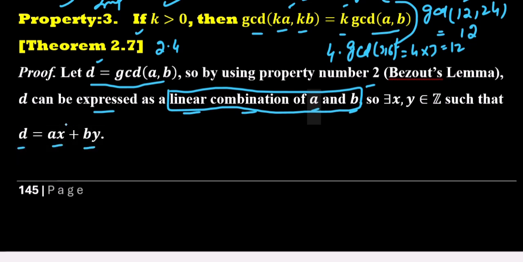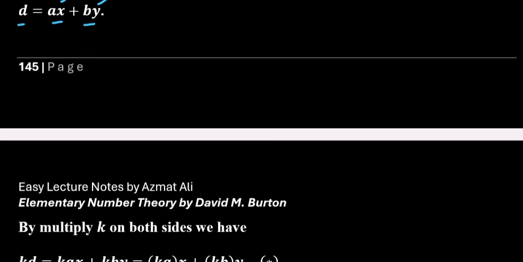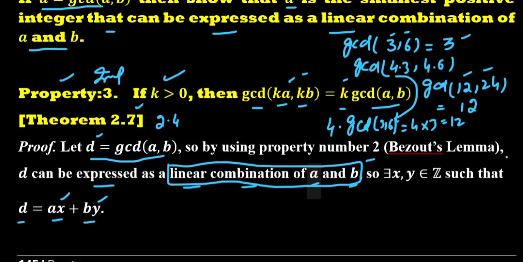What are x and y? x and y are integers, and a and b are the integers whose GCD we are interested to find. So d can be expressed as ax plus by. On the other hand, I have to find GCD of ka and kb, so multiply this expression by k on both sides.